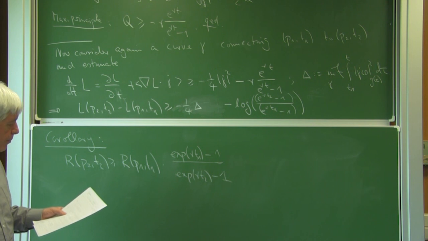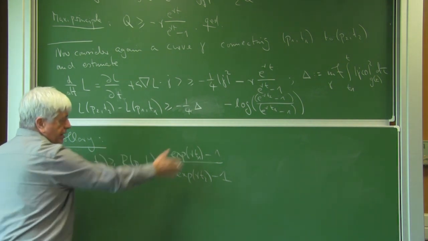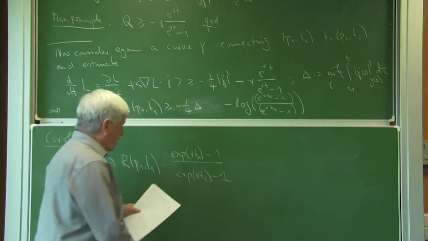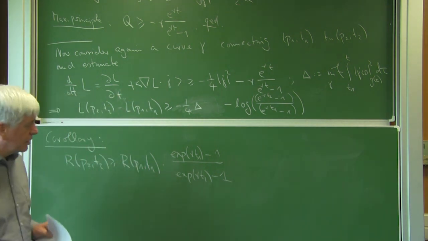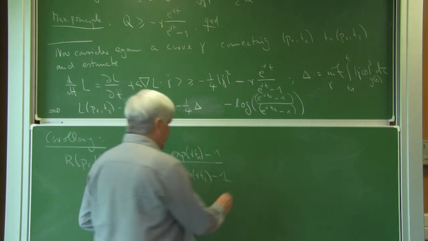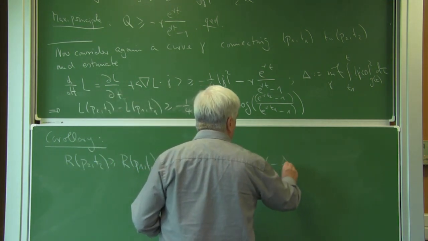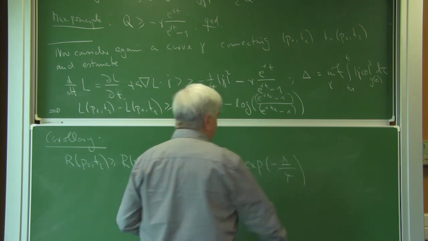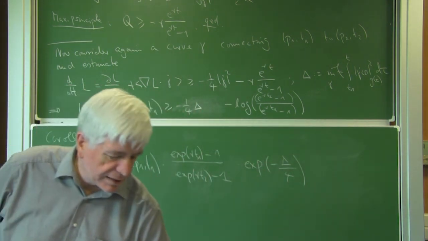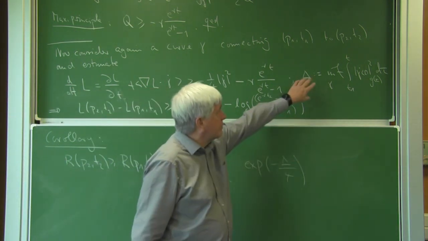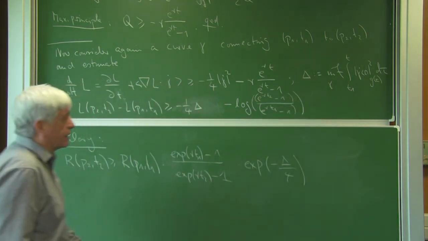And so again, we only get a result if we have some positive time t1, and if the time t2 is not too big, and then we get times e to the minus delta by 4, where this delta is defined like this one here.